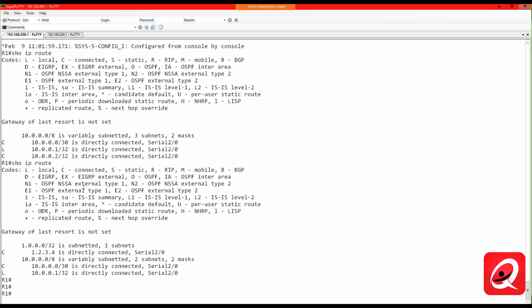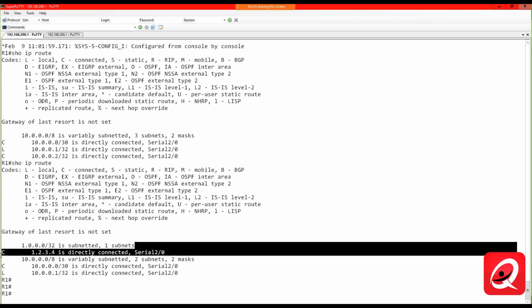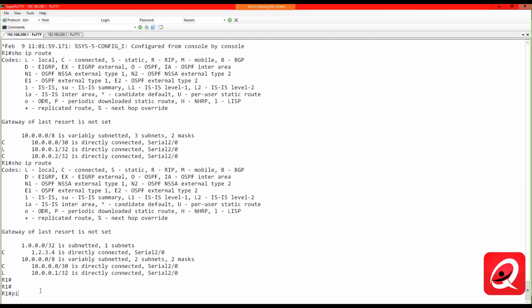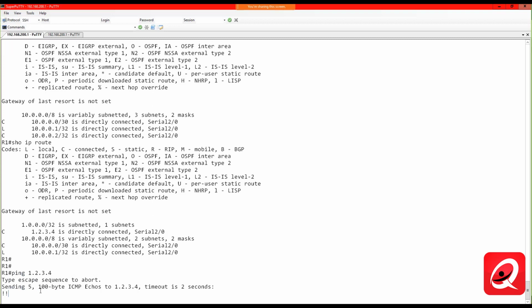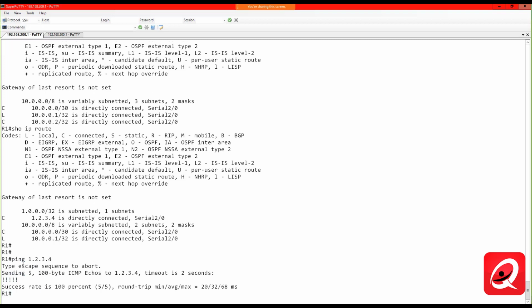Show IP route, and you can actually see that it inserts a route for that destination. So I can actually ping 1.2.3.4, even though they're not on a common subnet on that serial link, because PPP is not a network layer protocol. It's a data link layer protocol. So it's actually inserting these directly connected host routes based on that concept.